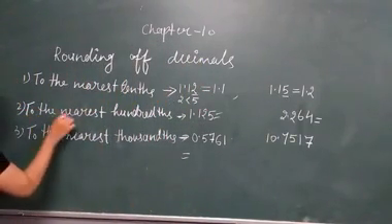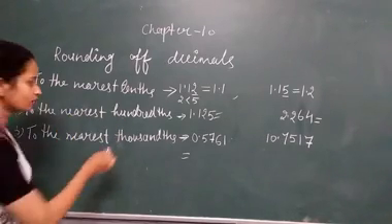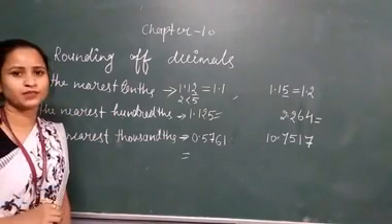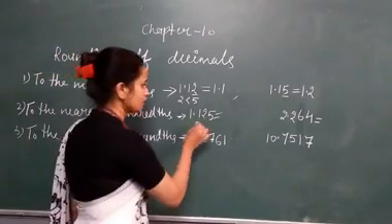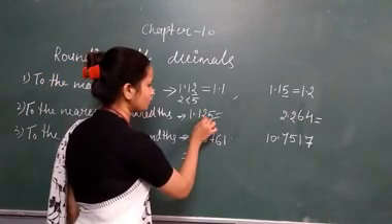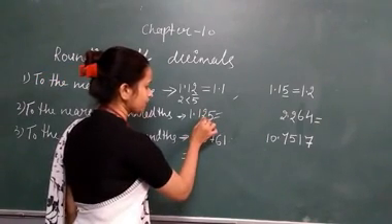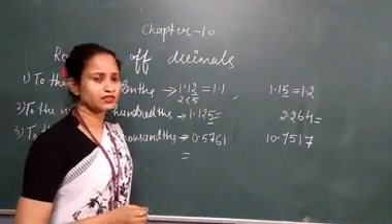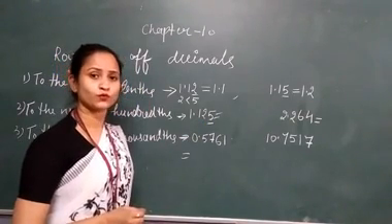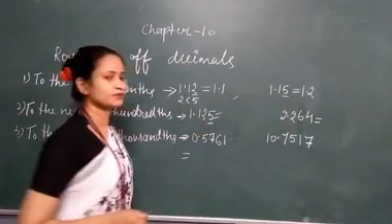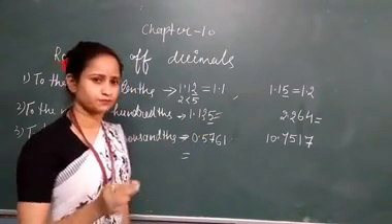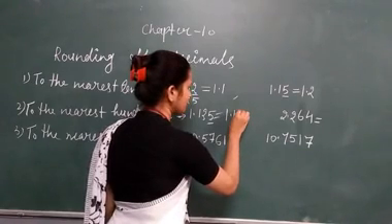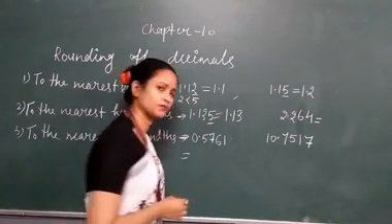Now to the nearest hundreds. For nearest hundreds, we see the digit in the thousands place. For example, 1.125, tens, hundreds, and thousand. The digit in the thousands place is 5, which is equal to 5. So we will add 1 to the digit in the hundreds place. So our answer will be 1.13.